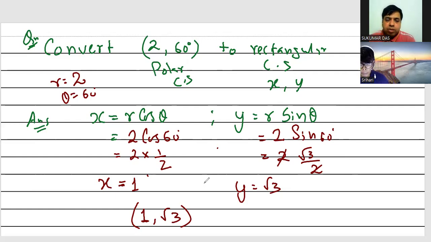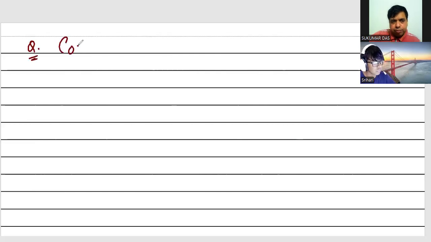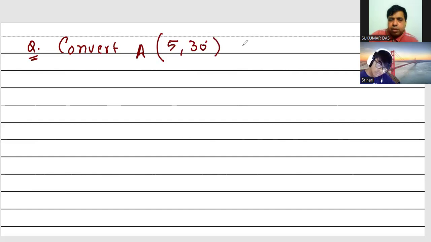Now I'm giving you one more question. You can just try to convert from polar to rectangular. The question is this: convert the point, let's say A (5, 30 degree), from polar to the rectangular coordinate system.